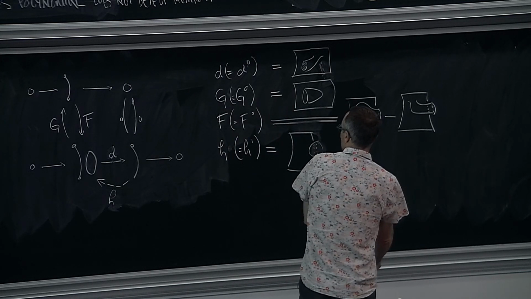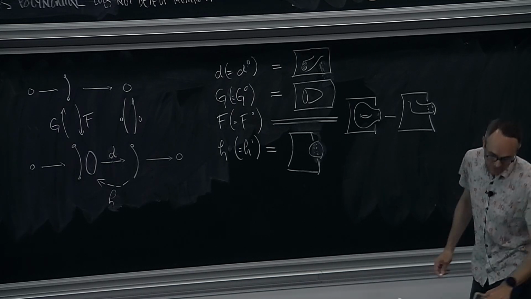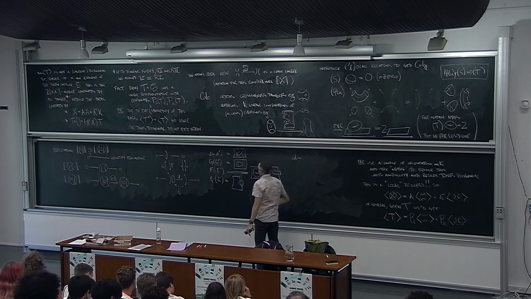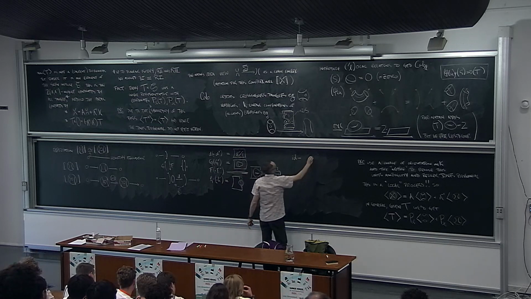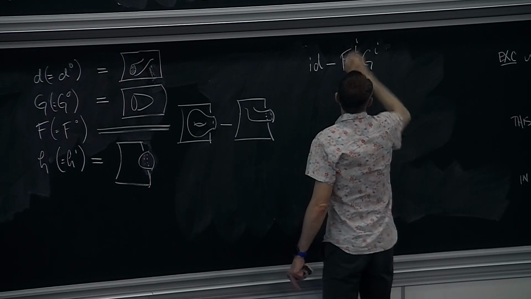The key thing to check is the homotopy. So let me do the direction. What we want is identity minus the G then F direction, so G_i composed with F_i.